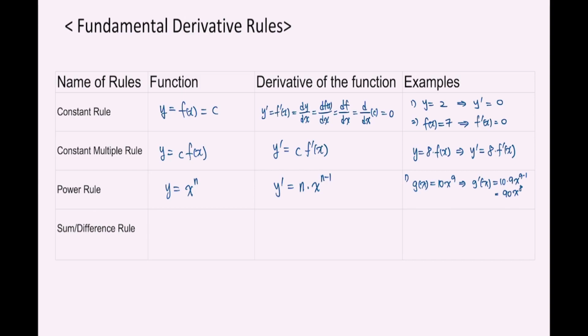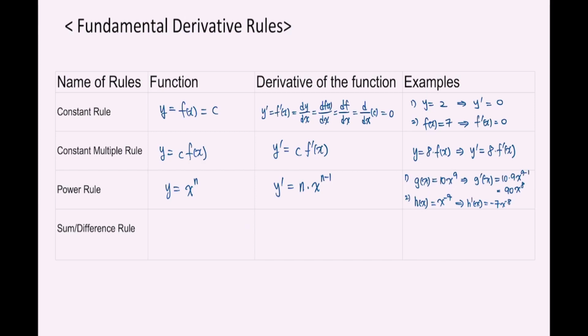Next, when h(x) is given to you as x to the negative 7th power, then the derivative h prime of x is negative 7x to the negative 8th power.